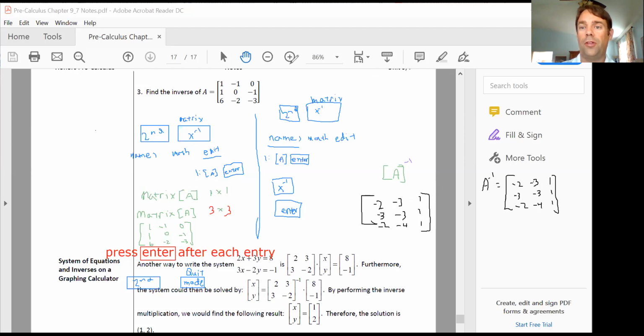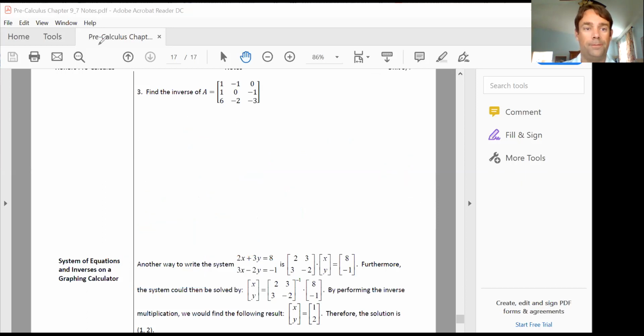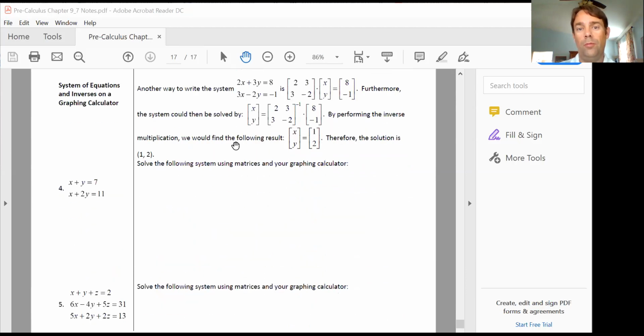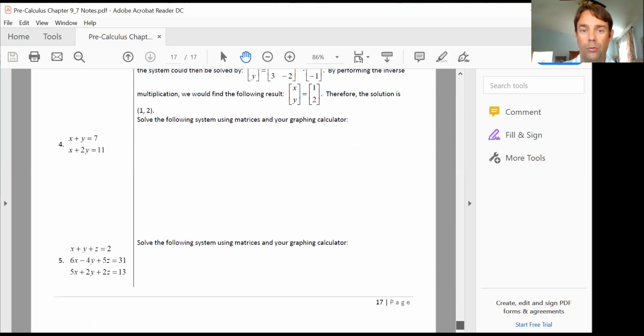And now we're going to use our calculators to do our final thing of the day. So they give you an example here up here on how to go through and solve a system. All right, on how to solve a system. So I'm going to go through it a little bit with you as well.